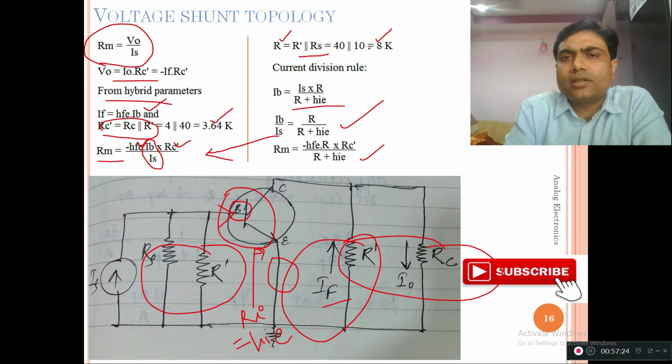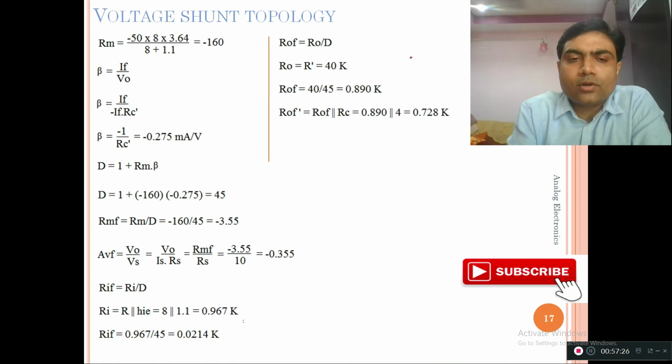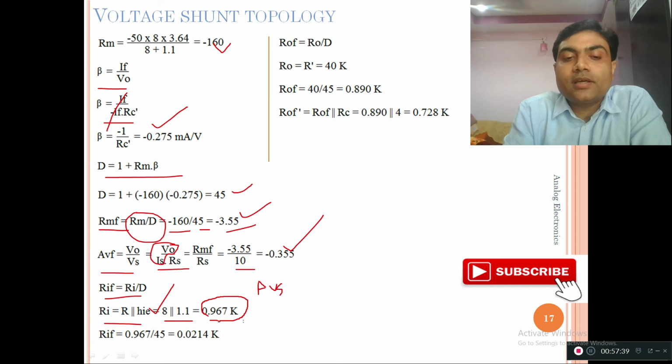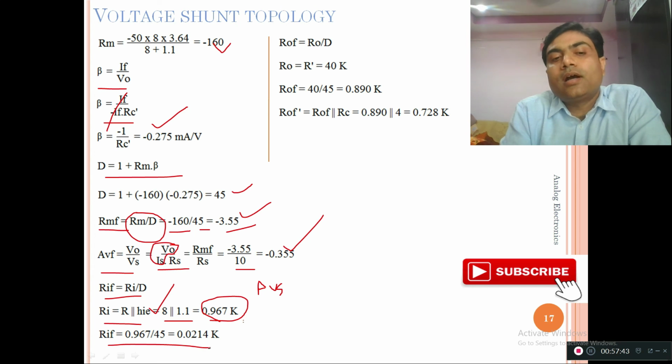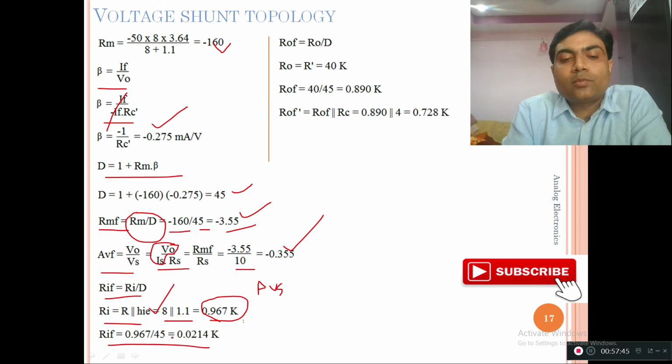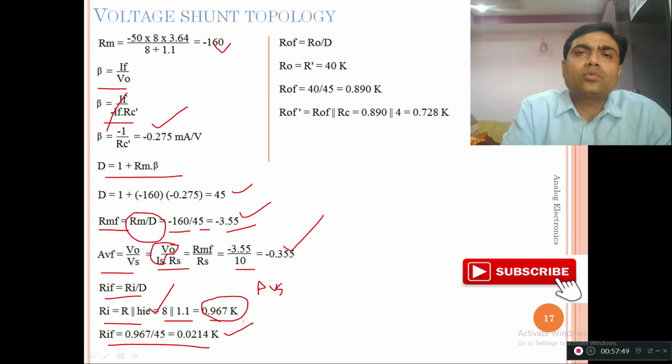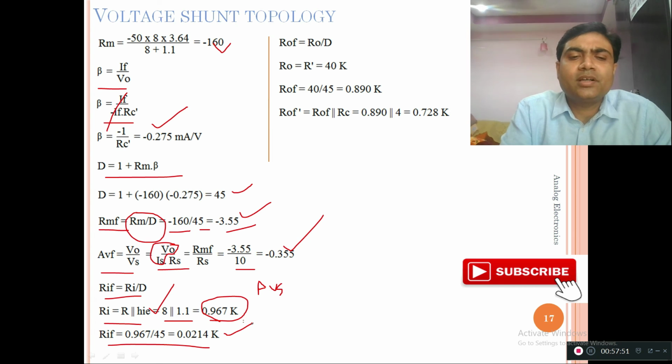We have already calculated RS, so 8 kilo ohms. Okay, so it has to be in parallel with 1.1 kilo ohm resistance. That is nothing but the input impedance of first stage of the amplifier, HIE. And this comes out to be as Ri. So if I have calculated the Ri, I can calculate the RIF from this formula. Ri upon D, which comes out to be 0.0214 kilo ohms, which is very less. We can say it as 21 ohms also.